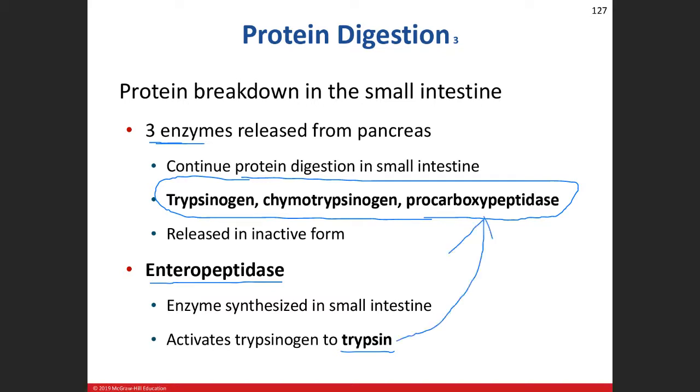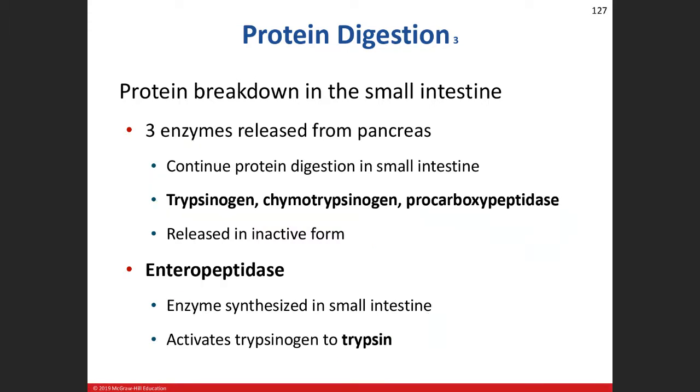Trypsin then will go and activate this one, this one, and this one. So it's like a nice cascade effect here. We just have to start off by activating trypsinogen into trypsin. Trypsinogen is what we call a zymogen. Questions about that so far?